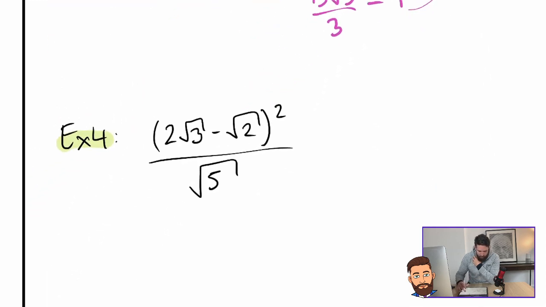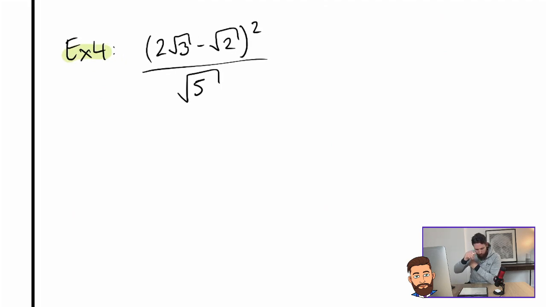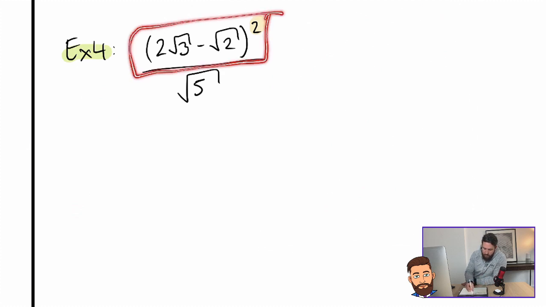Okay, moving on to example 4. Example 4, again, it's up in the amount of surds things that you have to do in one question. Initially, you should spot it's asking me to square. So we should probably deal with this first bit before we start trying to get rid of the root 5.